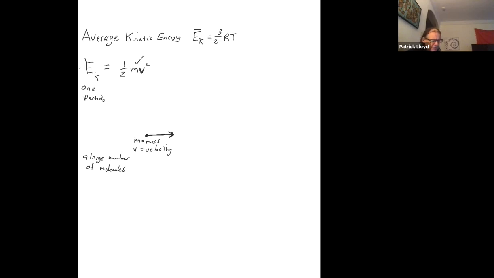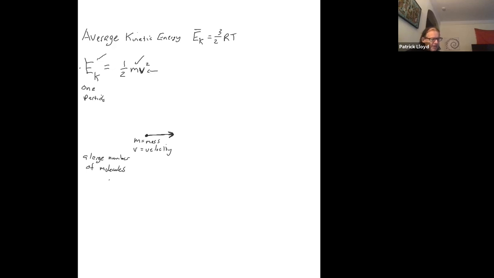So what I'm going to do is show you the formula for a large number of molecules that involves temperature, molar mass, and speed.